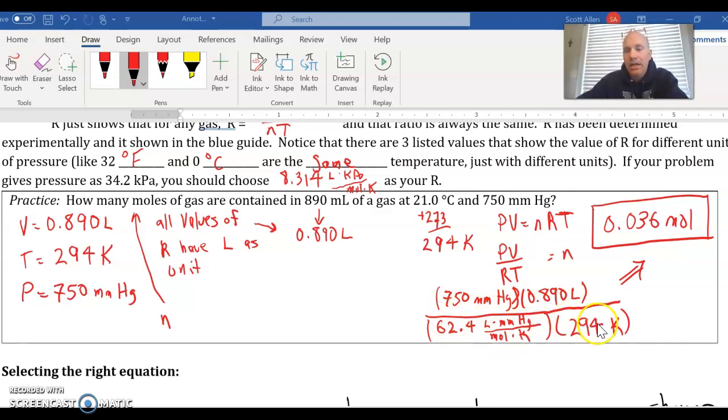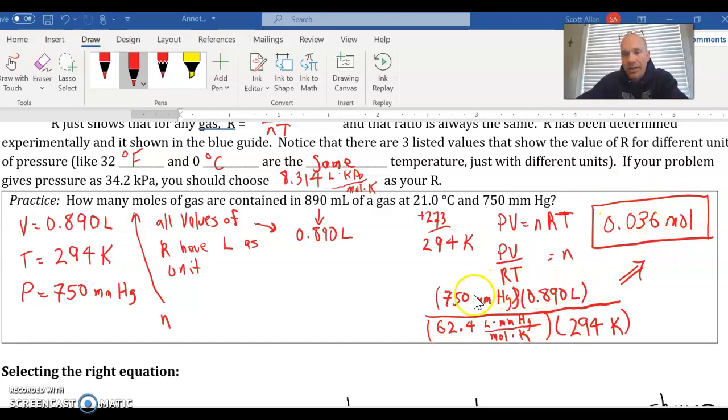This is important because you're eventually going to have to plug these numbers into your calculator, and you need to make sure you know what things are in the numerator and what things are in the denominator. So pretty much treat it as these two numbers are in the numerator, these two numbers are in the denominator.